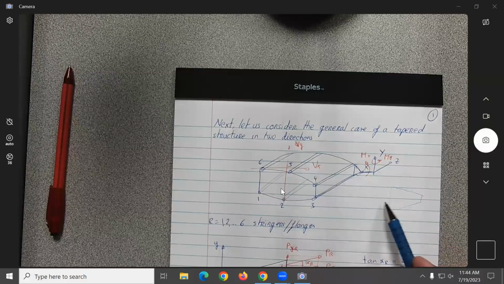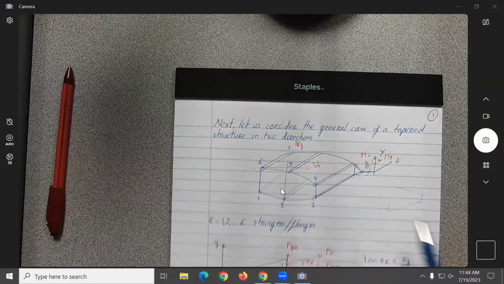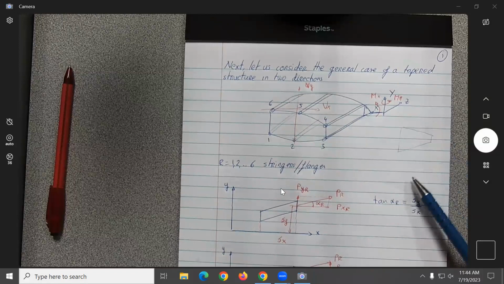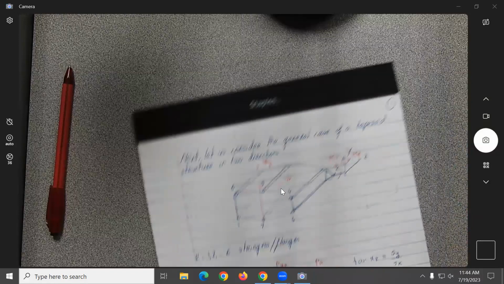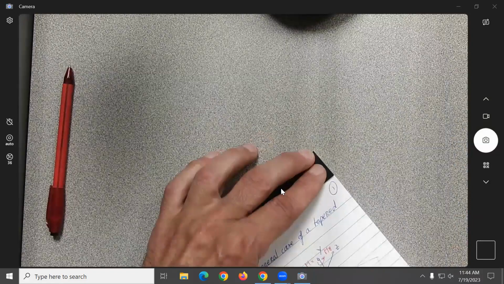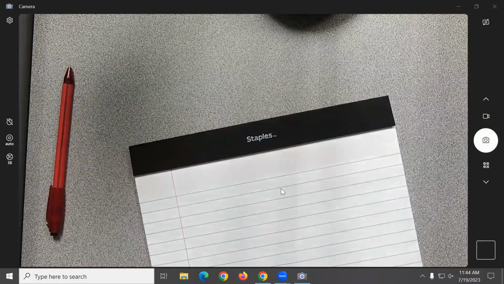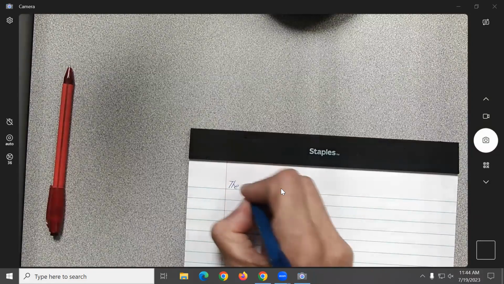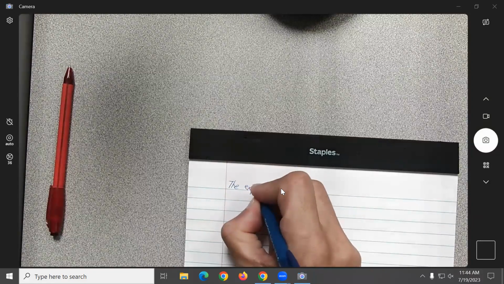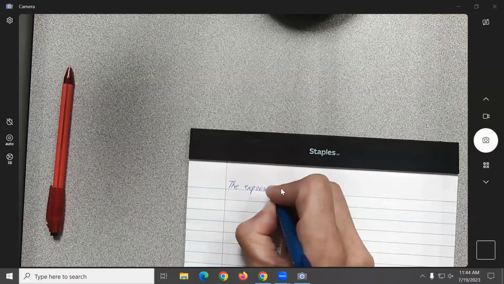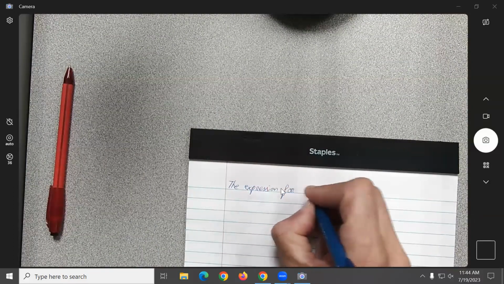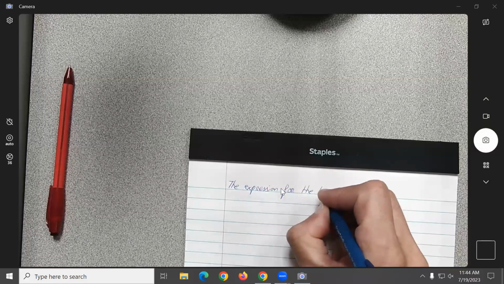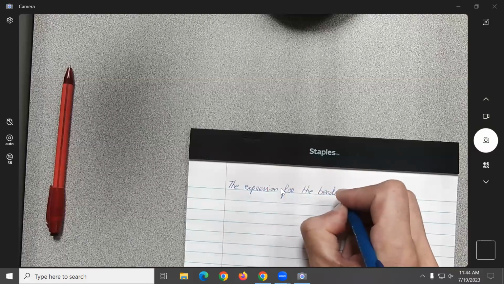You can have moments in the X and Y direction. You can bend your wing to go up and down, or you can bend your wing side to side. So that means that if we need to calculate the stress, we need the expression for the bending stress, sometimes called the direct bending stress.